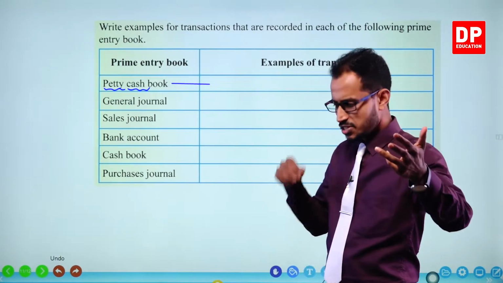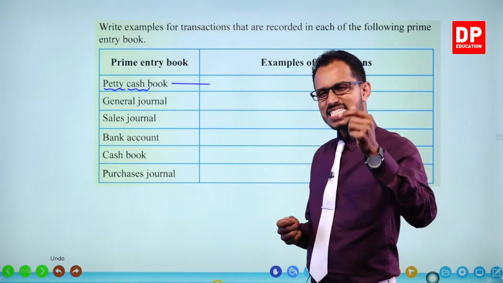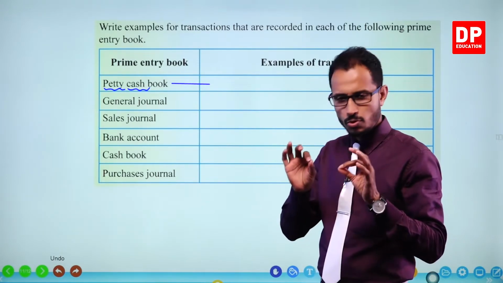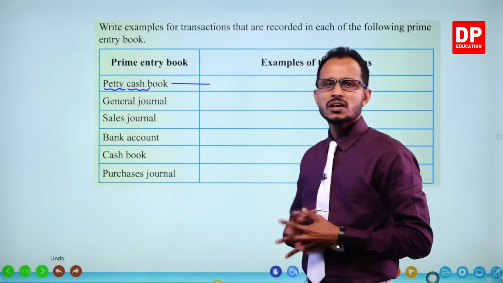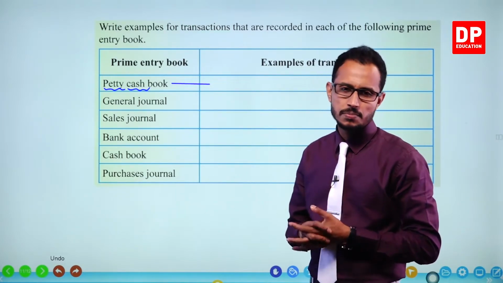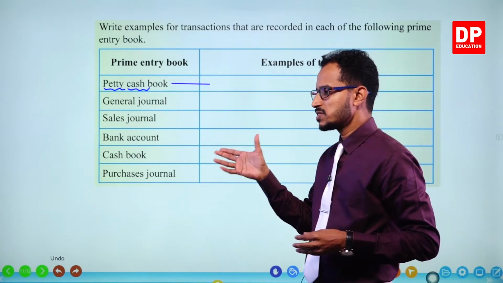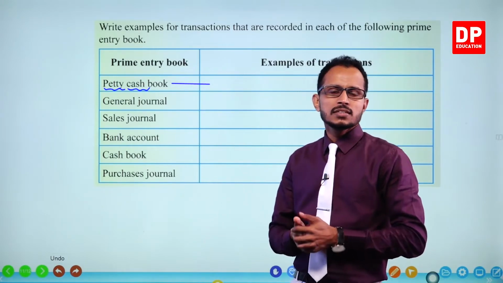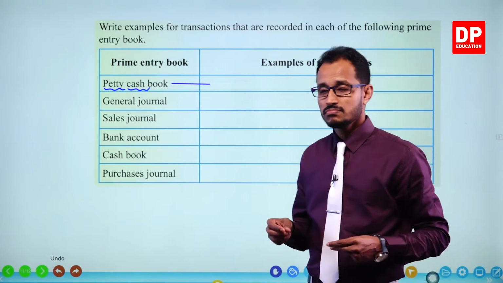Petty cash transactions means, children, small daily cash payments that happen regularly. These transactions cannot be entered in the cash book because the cash book will be unnecessarily lengthy and messy if you enter each and every transaction every time.